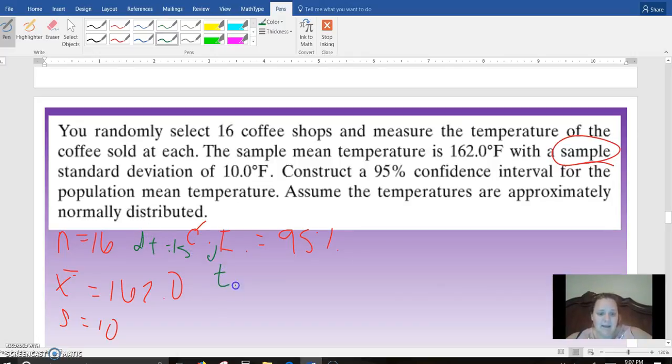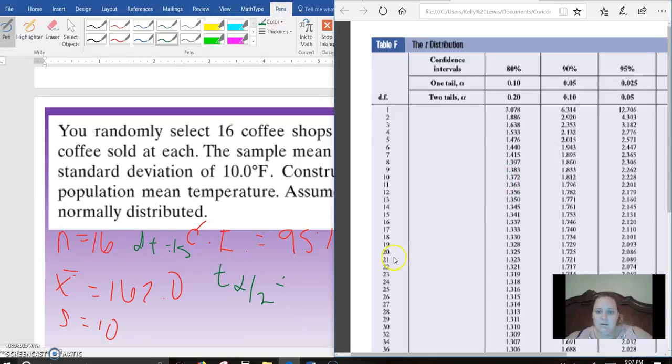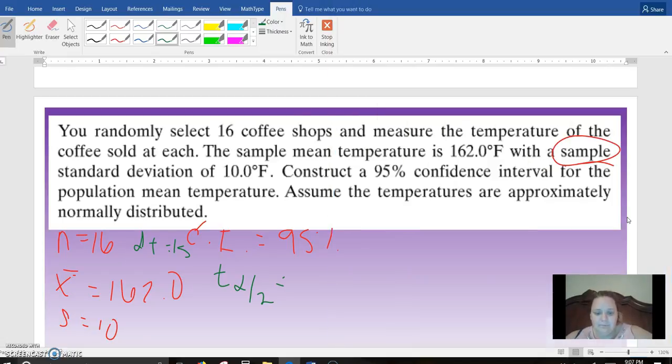And so that means for our t alpha over 2, we need to do 15 and 95. 15 and 95, 2.131.